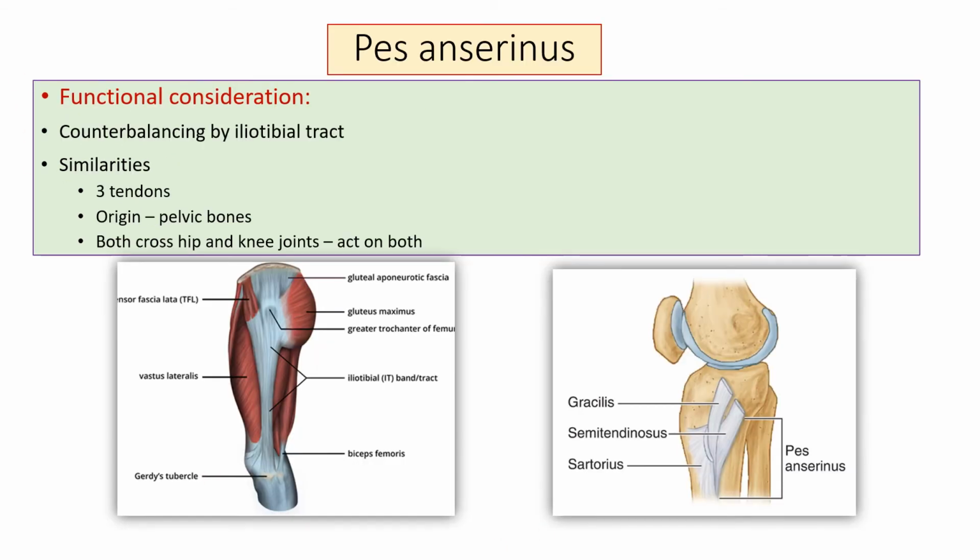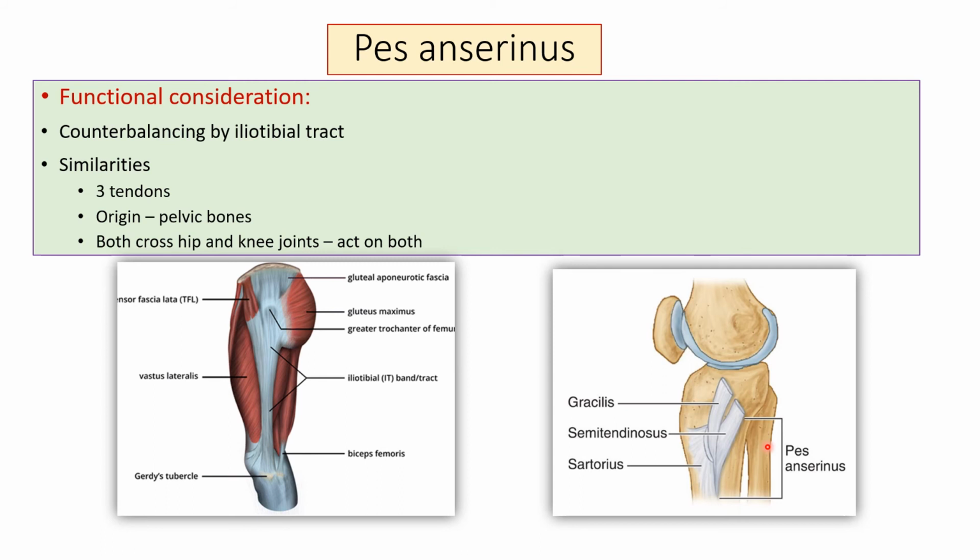At this point, let us consider certain functional considerations. The pes anserinus is inserted onto the anteromedial aspect of the upper part of the tibia. That's what we have learnt.